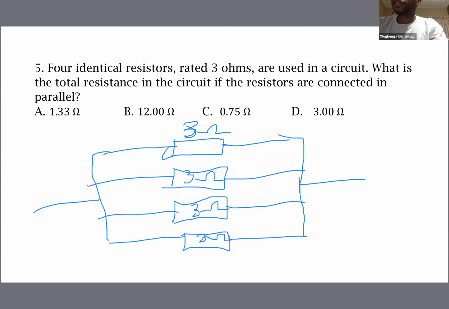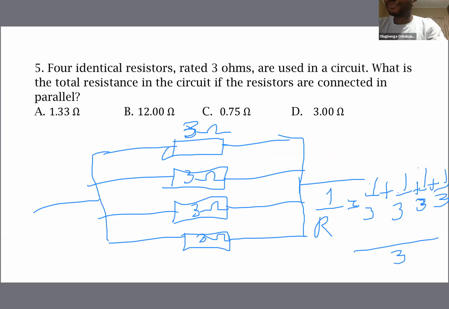So the total resistance should be 1 over R equal to 1 over 3 plus 1 over 3 plus 1 over 3 plus 1 over 3. LCM 3, so 1 plus 1 plus 1 plus 1.